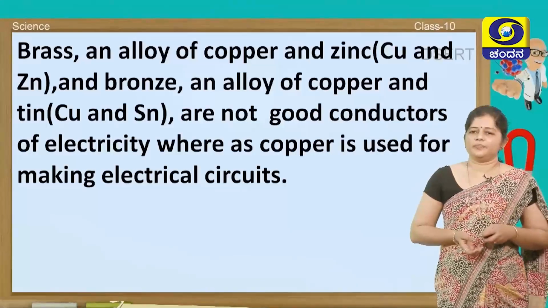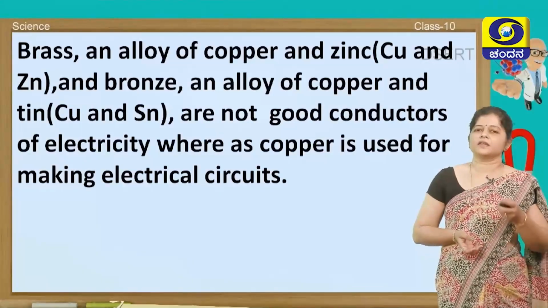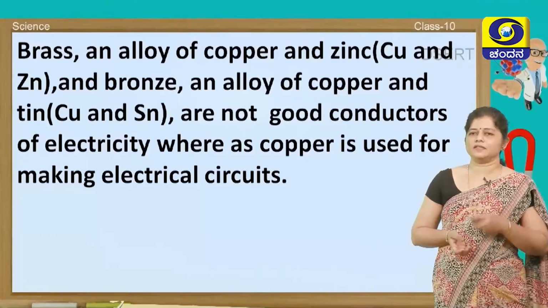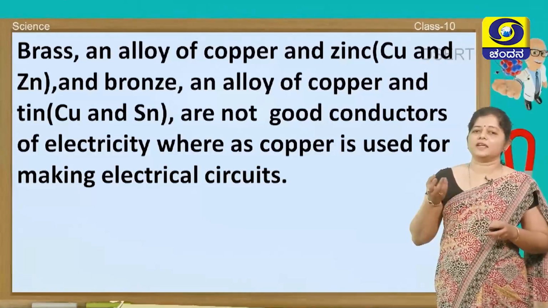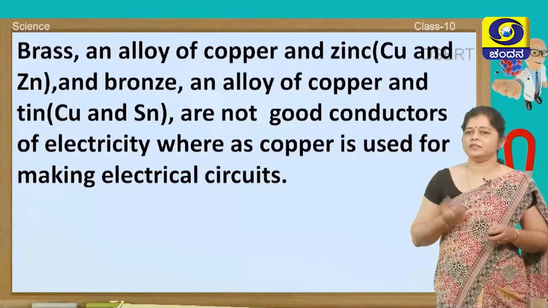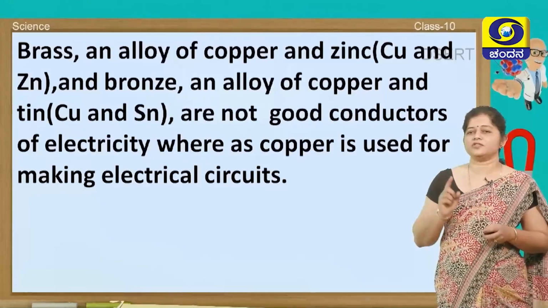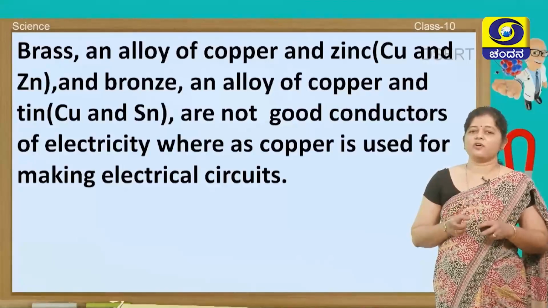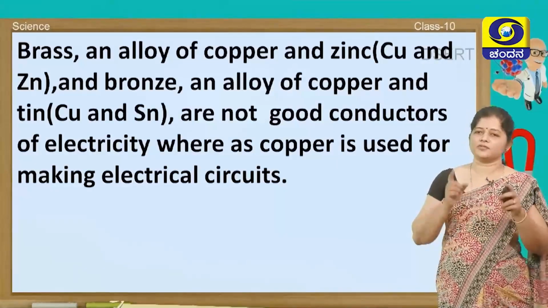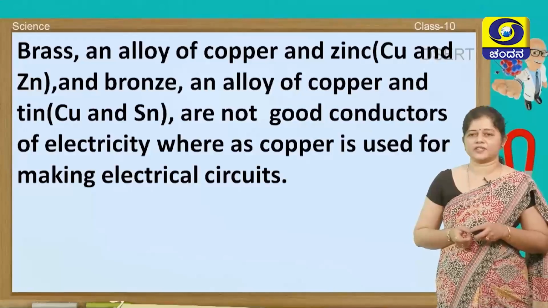For example, brass. All of you know brass. It's an alloy of copper and zinc, and bronze. All of you know the medals that we receive. That is an alloy of copper and tin. Generally, these two are not good conductors of electricity. We make use of copper in making electrical circuits, and also we use copper in electrical wires.